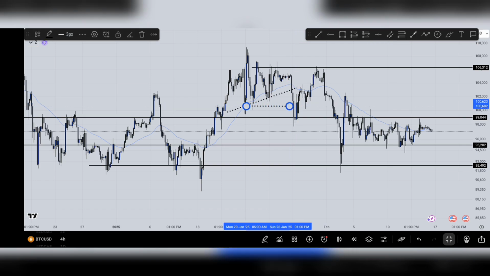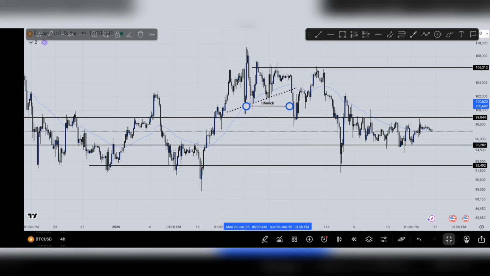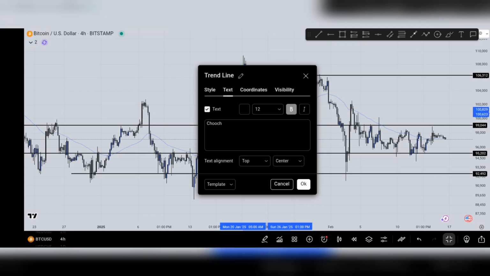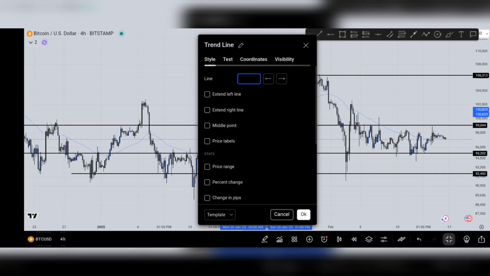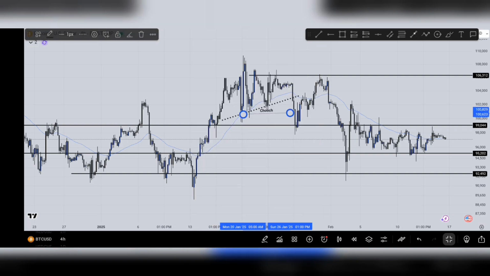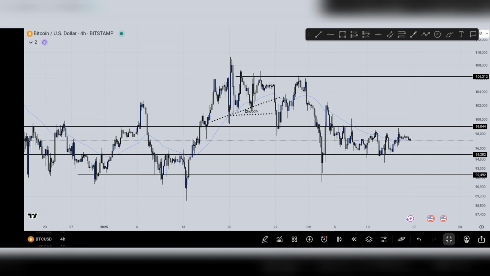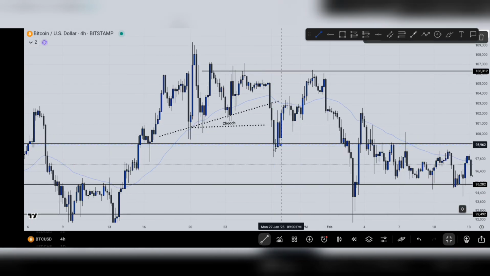So what about change of character? After the change of character, the market went back up to grab liquidity there and used the pattern to drop towards the downside.